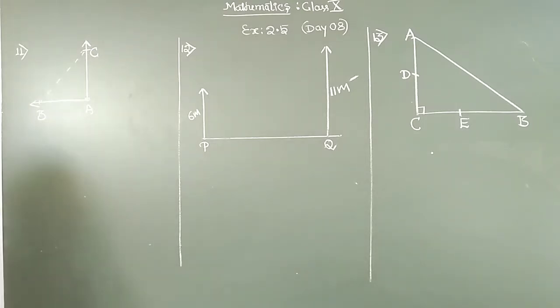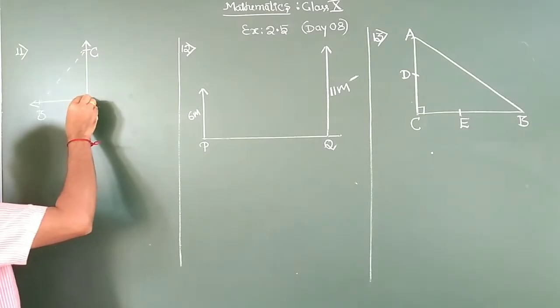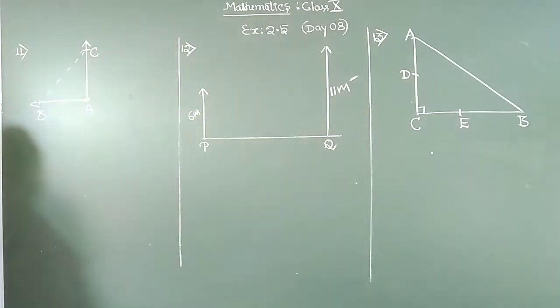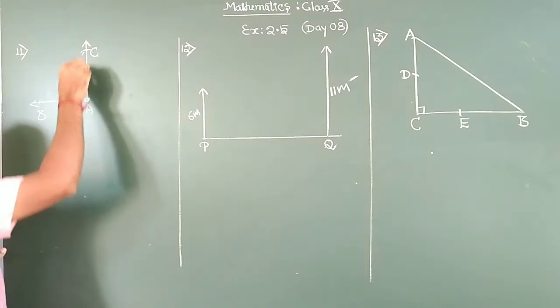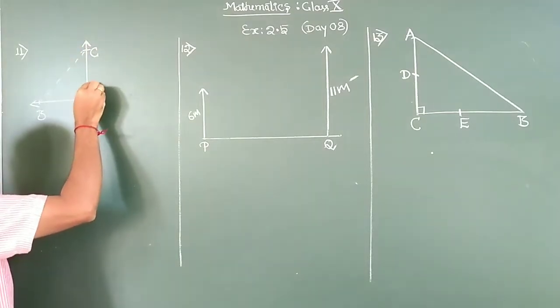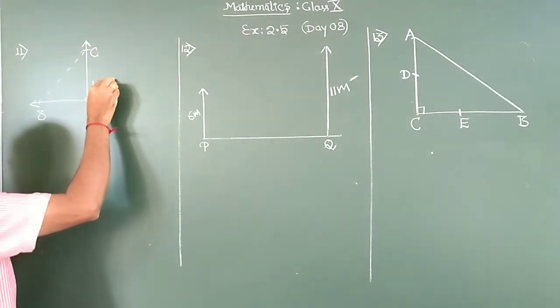See, here you use the formula speed equal to distance by time, or distance equal to speed into time. Question is simple. Let us say A is a station. From station A, an aeroplane leaves towards north at a speed of 1000 km per hour.